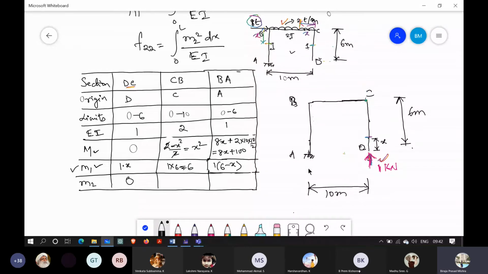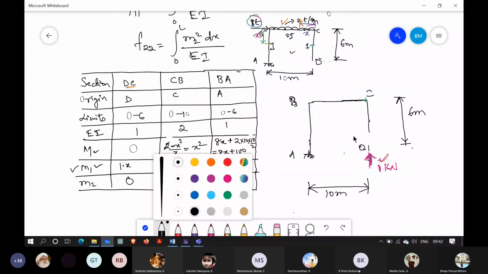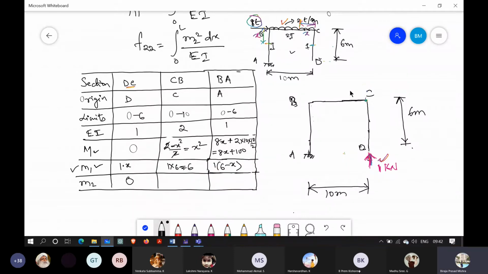Now let us take a section here. The moment at this point, due to the externally applied load, will be 1 into x.